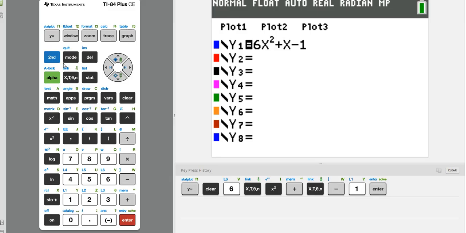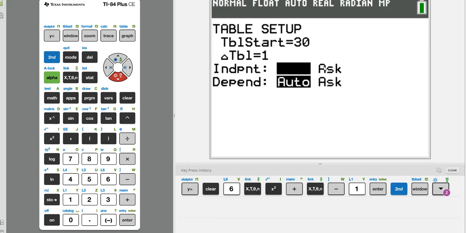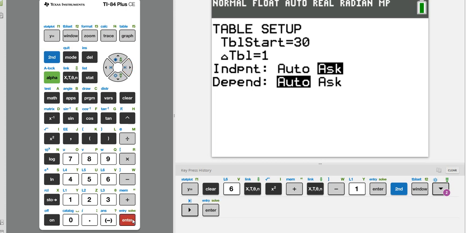Okay, now there's another setting that we need to make before we look at the table of values that we get here. So hit the second key, then the window key. It's this last setting down here, well, next to last setting for independent. Take your cursor, put it on ask, and then press enter. So for the rest of your natural life, keep this here at ask and auto for independent and dependent.